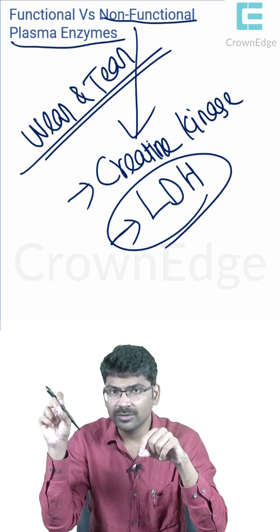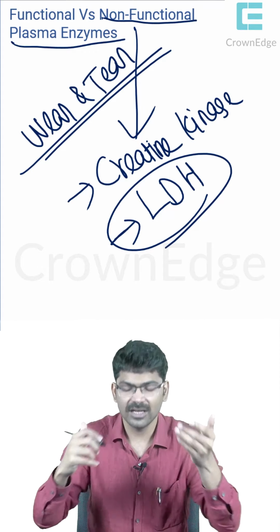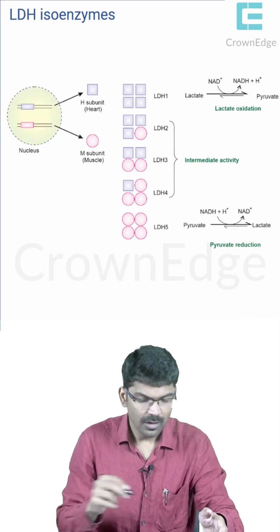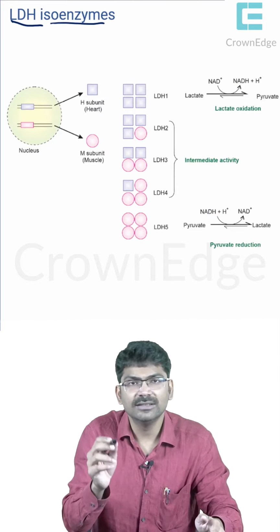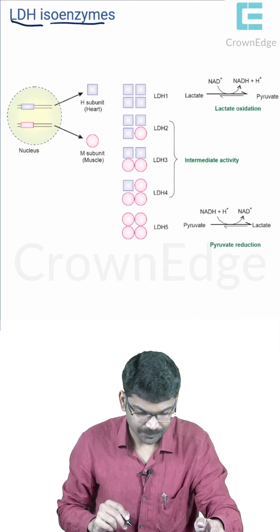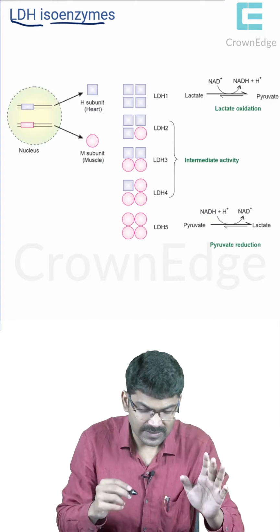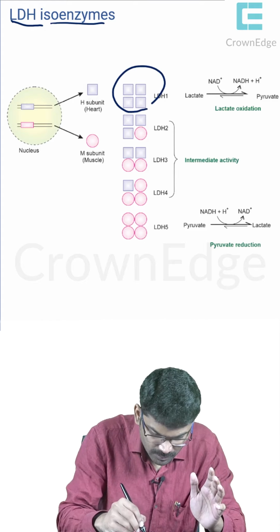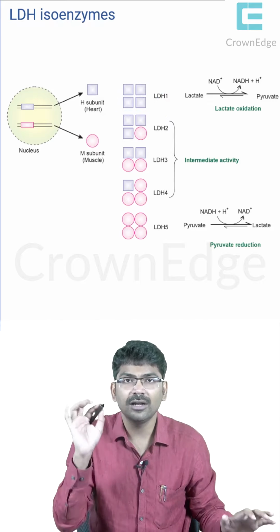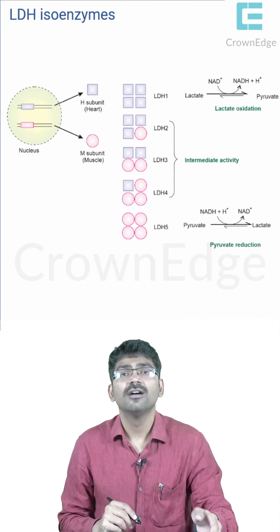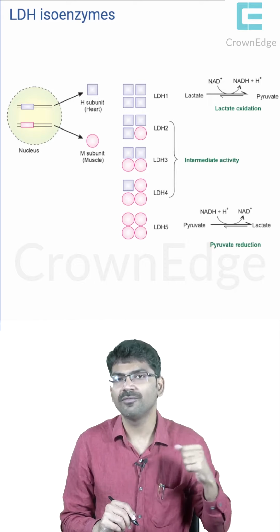Before going to that point, let us see certain isoenzymes so that we can understand better. Look at this. Lactate dehydrogenase isoenzymes are described in this image. Lactate dehydrogenase enzyme is a tetramer. Can you see? 1, 2, 3, 4 subunits are there. There are 5 isoenzymes possible, LDH 1, 2, 3, 4, 5.